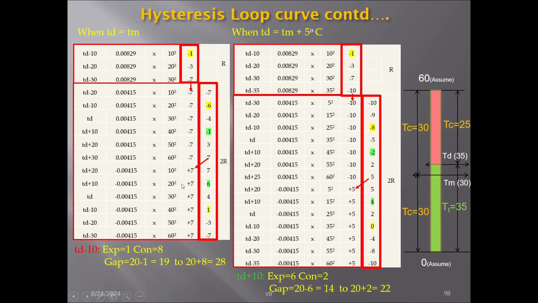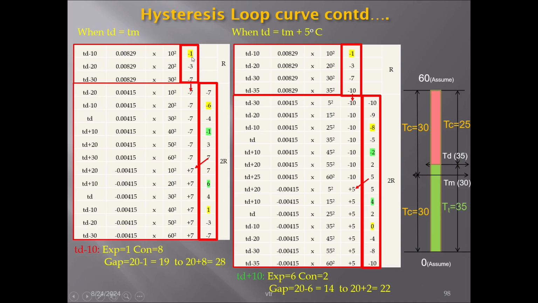Here again a 20 degree variation is there, when TD plus 30 to 20, then a 20 degree variation. So 20 degree variation: plus 7 minus 0.00415 into 20 squared equals plus 6. Like that we are calculating for each and every 10 degree variation up to T minimum, and finally we got minus 7. So for each and every temperature I am taking only a 10 degree variation. I am taking T minus 20.